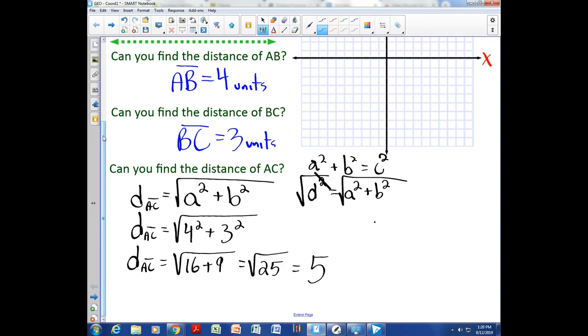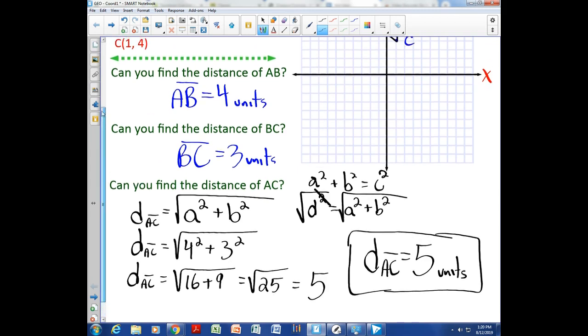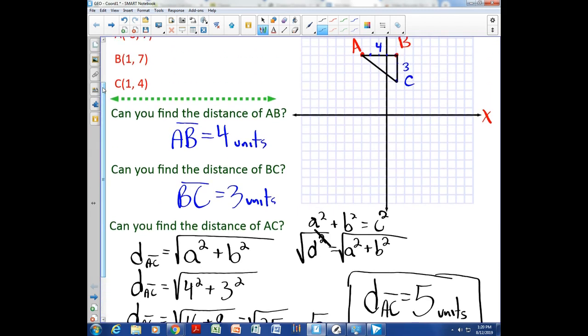So the distance of AC is equal to 5 units. And as you can see, that also is a famous Pythagorean triple, a 3, 4, 5 right triangle.